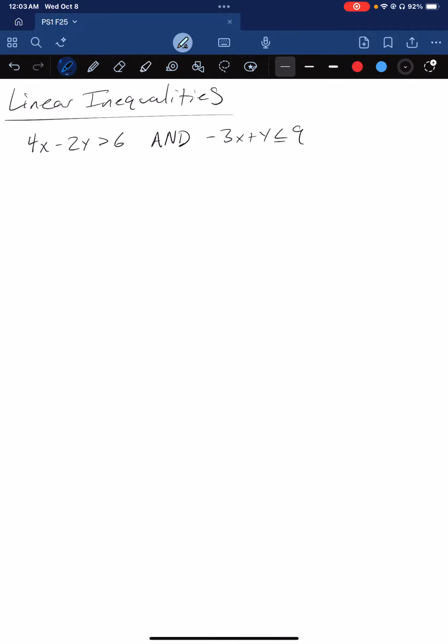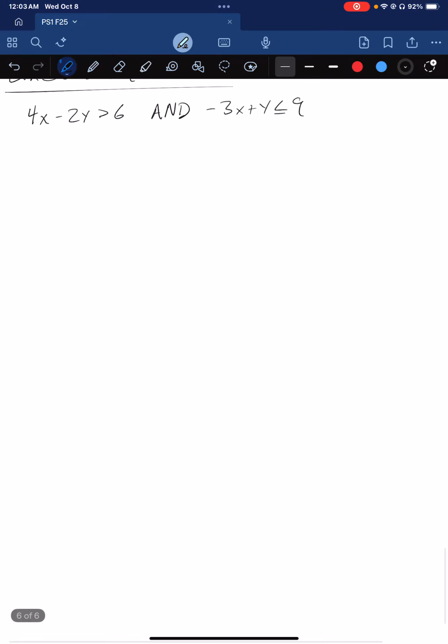All right. First, I'm going to put these into slope-intercept form because that's how I like to graph my equations. I refuse to graph something outside of slope-intercept form. I'm picky like that. So, what are we going to do? I'm going to add 2y to both sides.